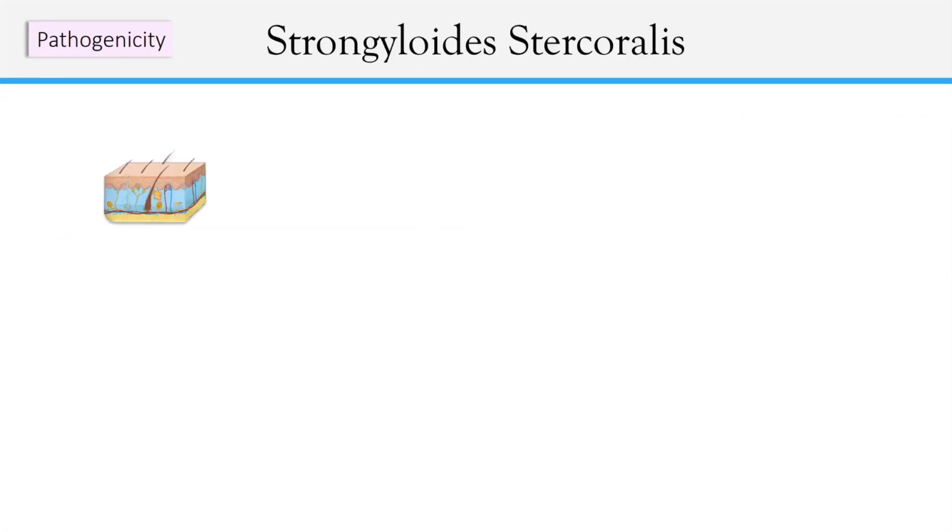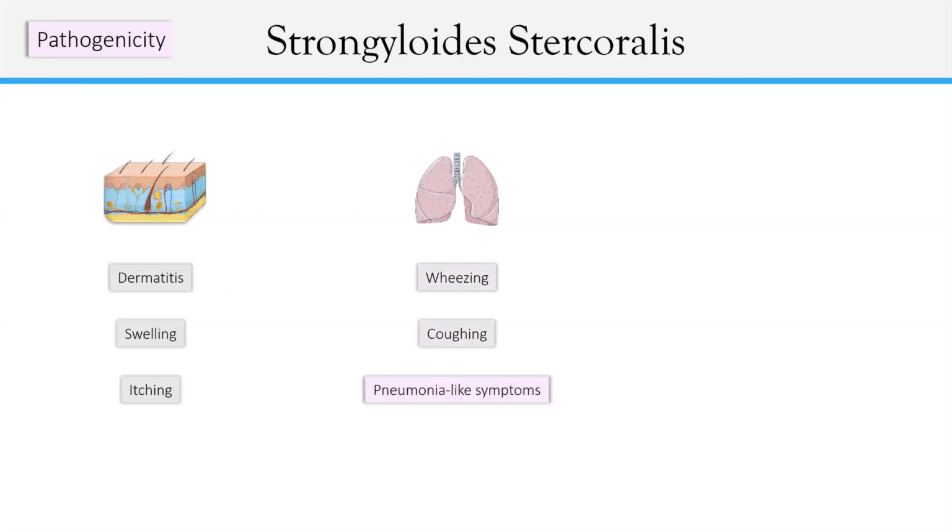Pathogenicity of Strongyloides stercoralis. Skin symptoms may be represented by dermatitis, swelling, itching. Symptoms associated with pulmonary migration of Strongyloides stercoralis may be represented by wheezing, coughing, and pneumonia-like symptoms.